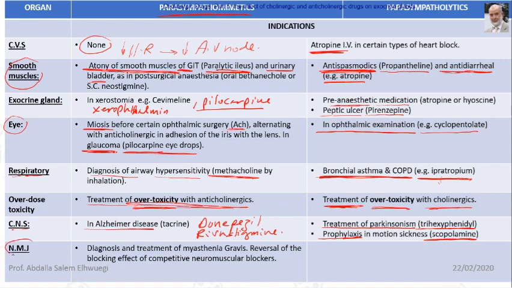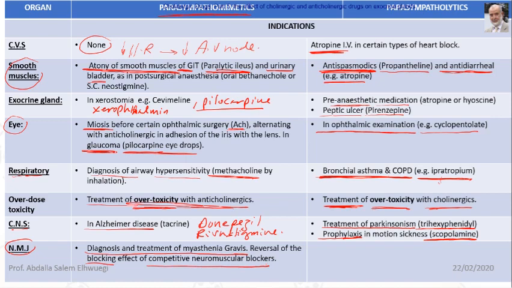On the neuromuscular junction, we said that the cholinomimetics, like anticholinesterases, are used in the diagnosis and the treatment of myasthenia gravis. They are also used to prevent or reverse the blocking due to competitive neuromuscular blockers.